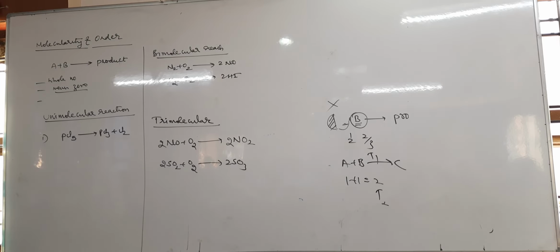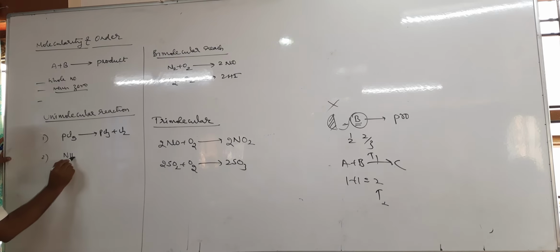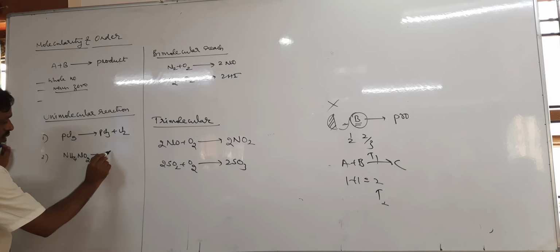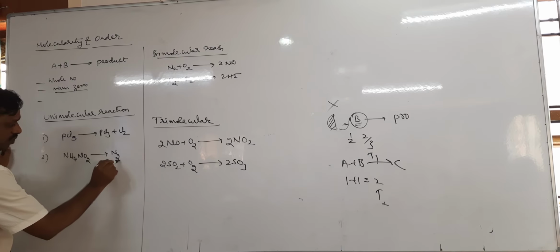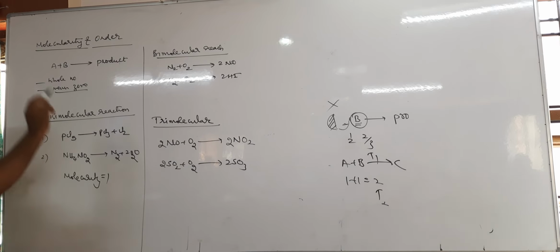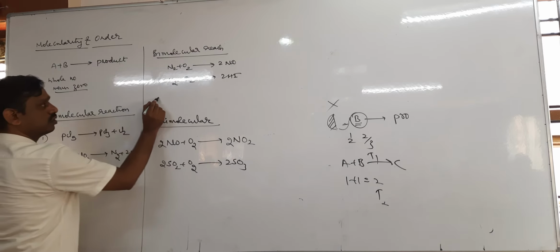Example: PCl5 gives rise to PCl3 plus Cl2. You can take even ammonium nitrite, NH4NO2, which gives rise to N2 gas plus 2H2O. So what is the molecularity? 1, right?